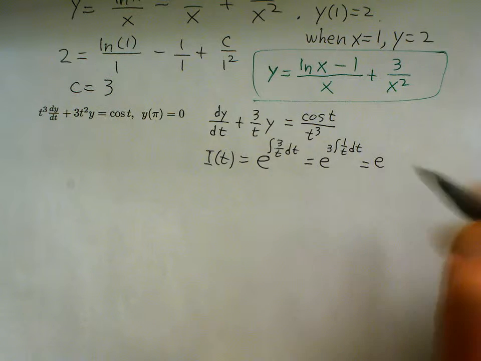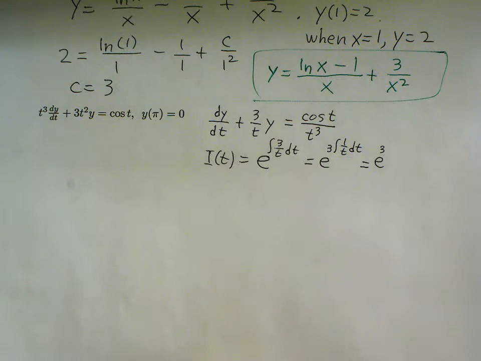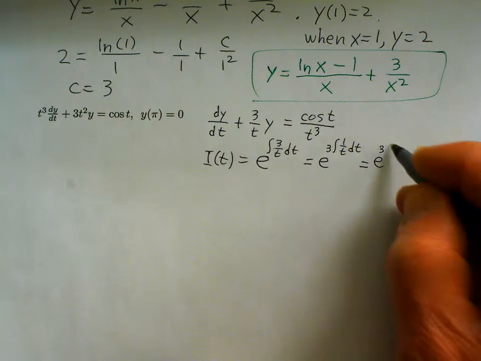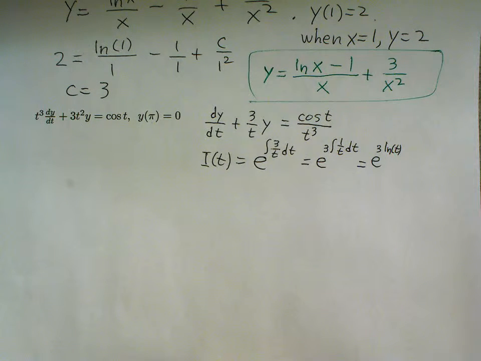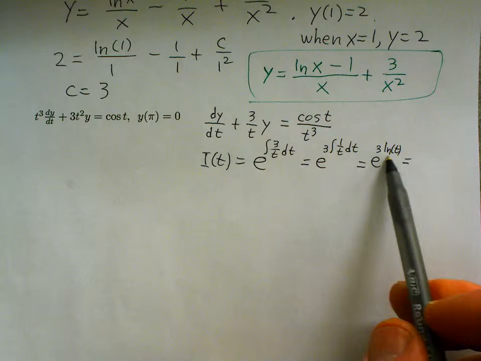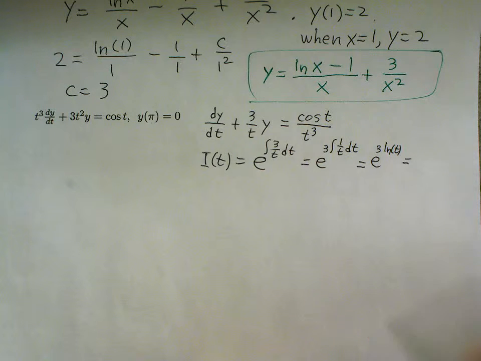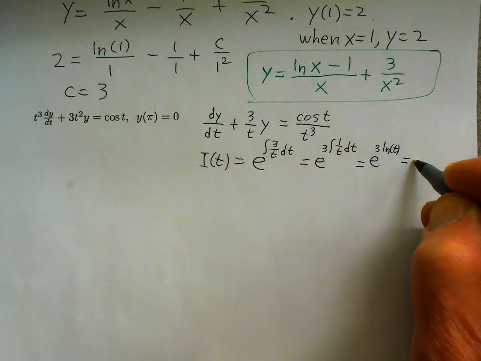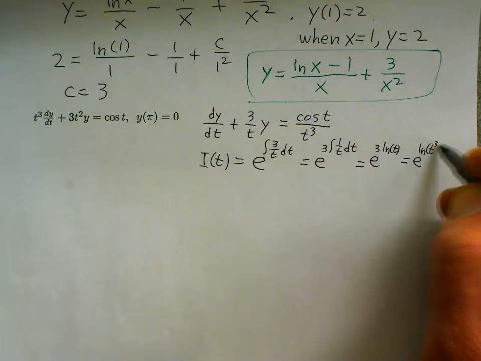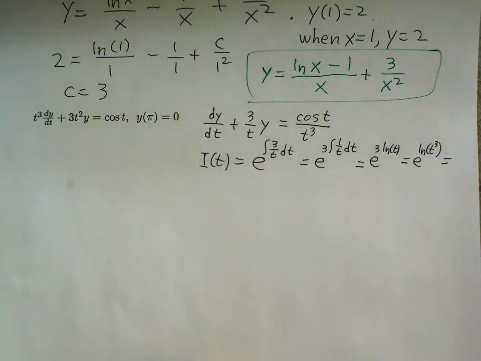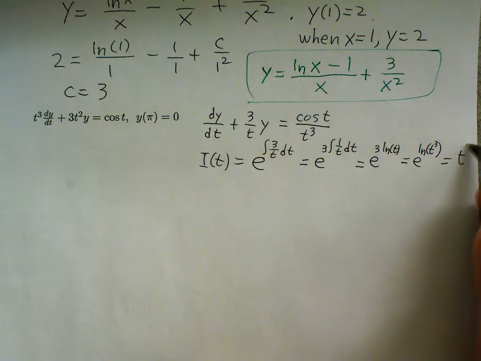This is e to the 3 times the natural log of t. In the exponent, 3 times the natural log of t is the natural log of t to the third. So this is e to the natural log of t to the third. And e to the natural log of t to the third is t to the third.